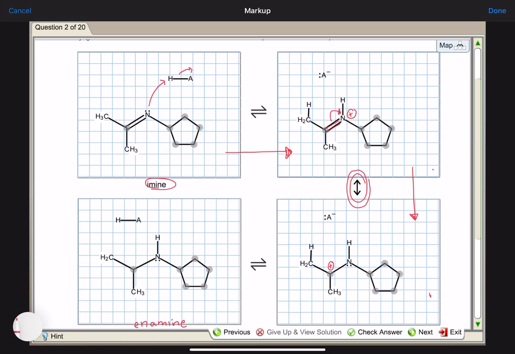Then we have to figure out how to go from box number 3 to box number 4. If we look at what has changed, we've gone from 3 carbons down to 2 carbons using this conjugate base.